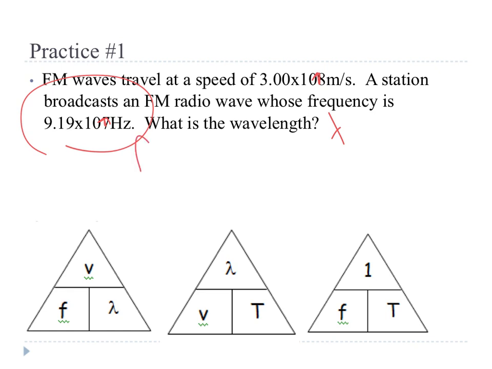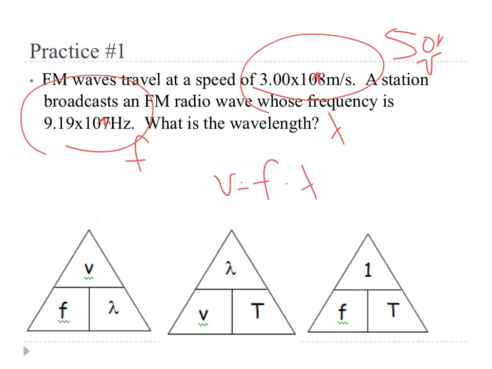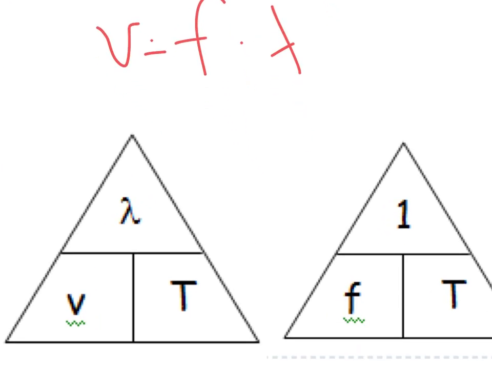I have frequency, and I have speed, and the symbol we use for speed is V. I know V equals frequency times wavelength. Either you can rearrange it initially, or you can just plug in the values and solve. No matter what, to get my wavelength, I'm going to have to take speed divided by the frequency.